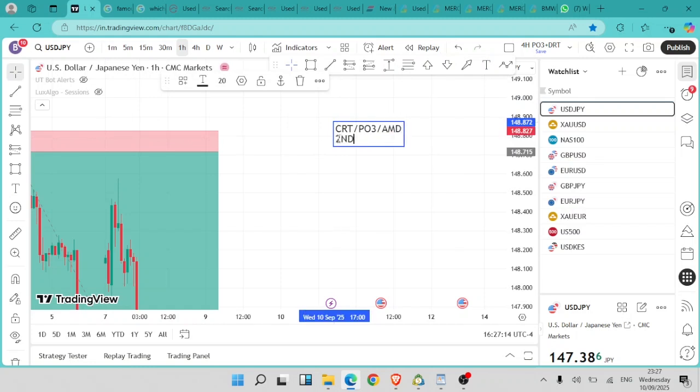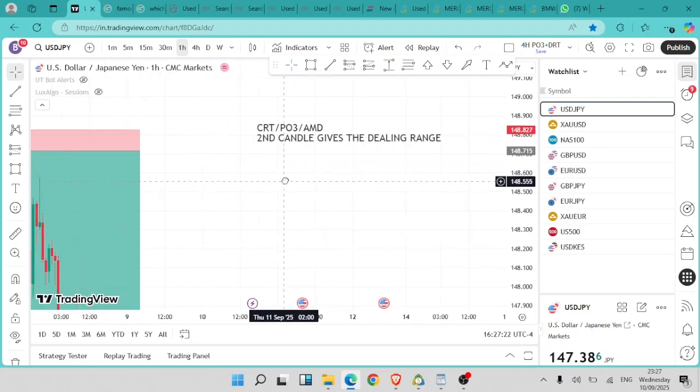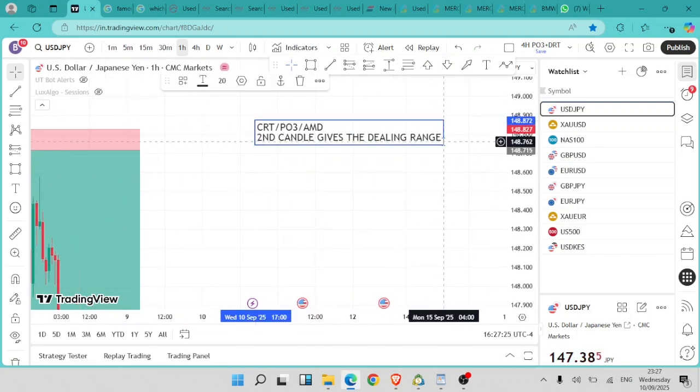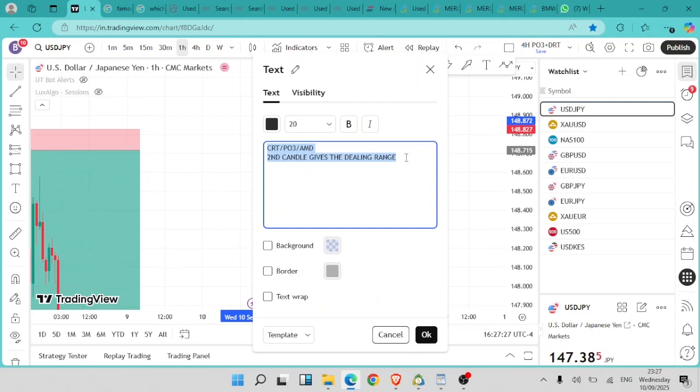So the second candle gives the dealing range. And then in the lower time frame, you wait for price to trade into the premium zone of the dealing range.